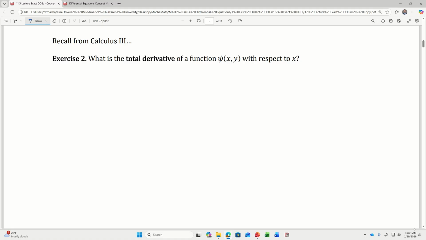Another thing you remember from Calculus 3 is when we talked about the total derivative of some function with respect to a variable.